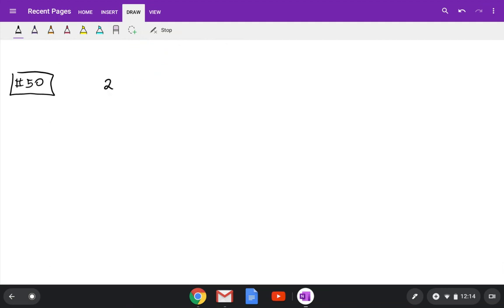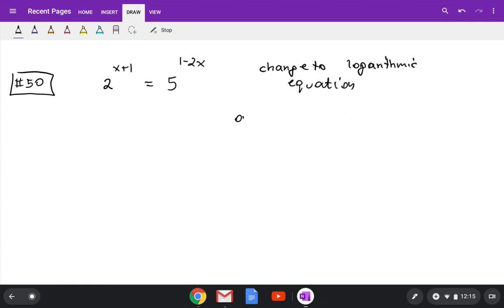So 2 to the power of x plus 1 equal 5 to the power of 1 minus 2x. Okay, so a couple things about this equation. You have an exponential equation, you want to change to a logarithmic equation. So I teach you guys, what you're going to do, you're going to attach log.